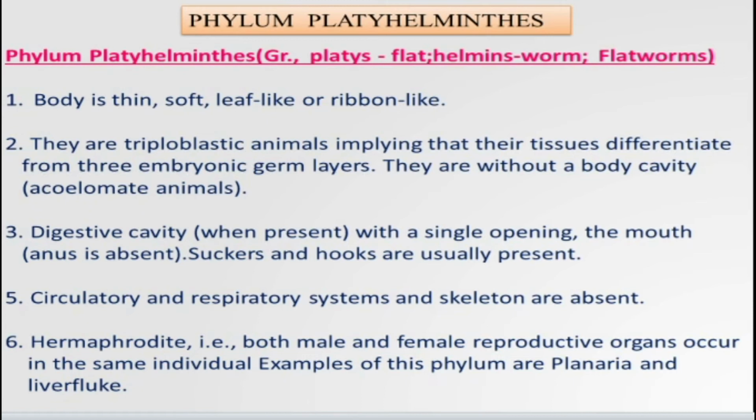They are triploblastic animals, implying that their tissues differentiate from three embryonic germ layers. They are without a body cavity, acoelomate animals. Triploblastic means the animal has three embryonic layers, which develop from the embryo as it matures. Those three layers are ectoderm, mesoderm, and endoderm.